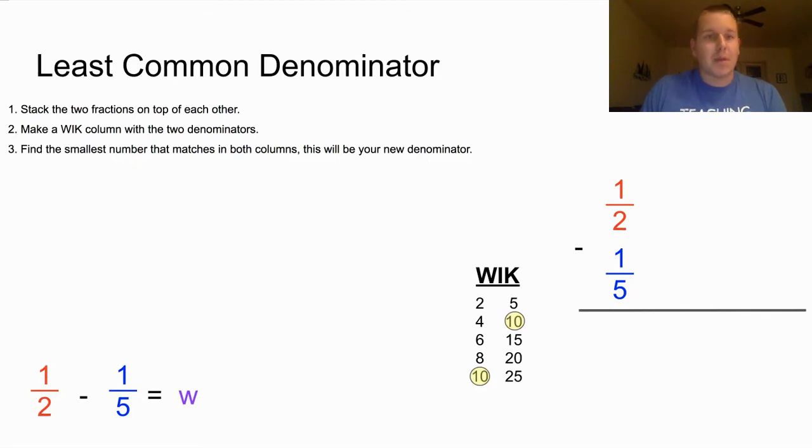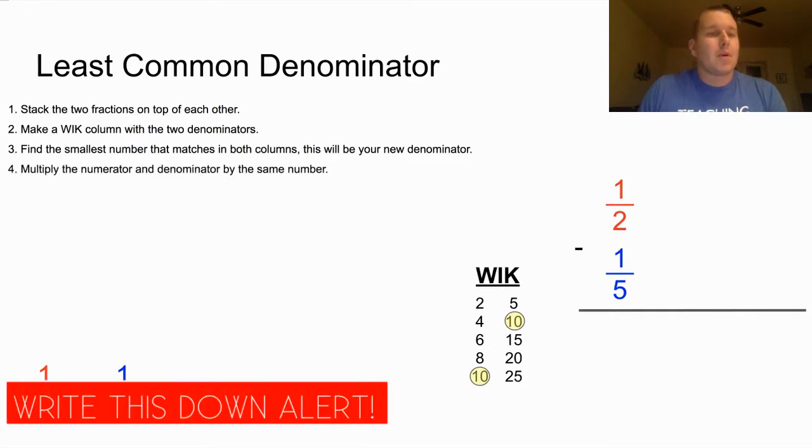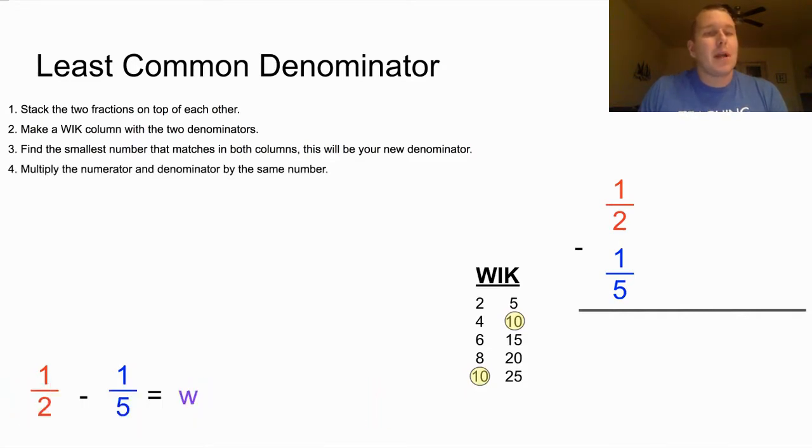So 10 is going to be our new denominator, but we've got to make an equivalent fraction that has the denominator 10. So what we're going to do is multiply the numerator and denominator by the same number. Basically, we're not changing the value of our fraction, we're multiplying it by 1. And if you multiply anything by 1, it's going to be itself.